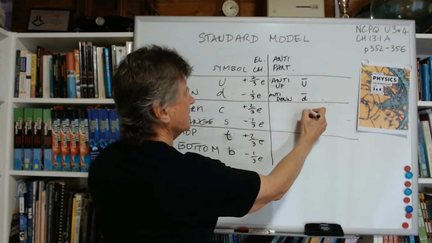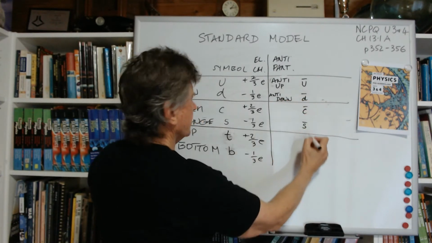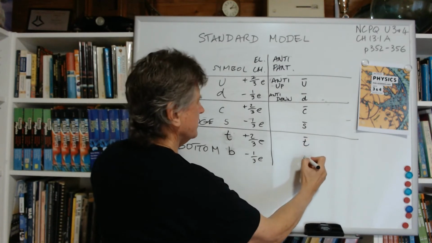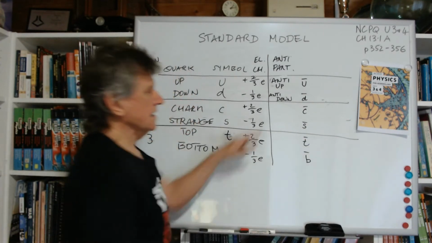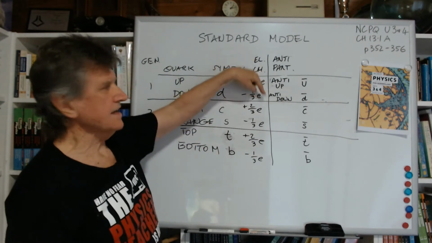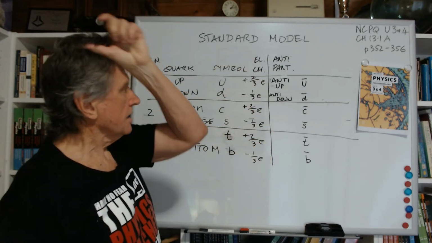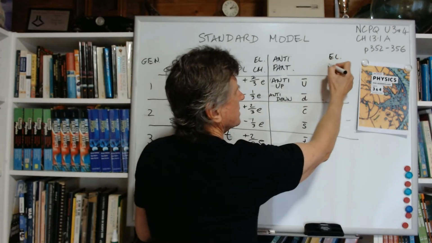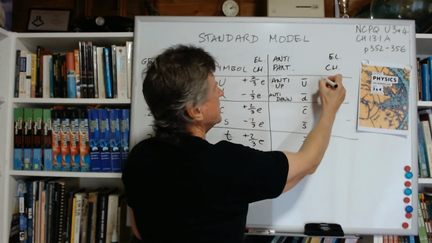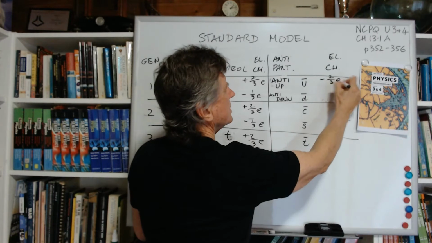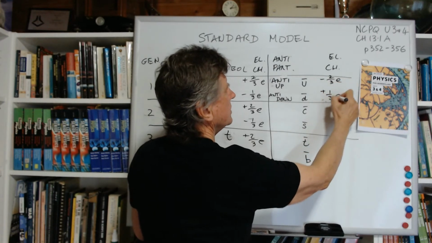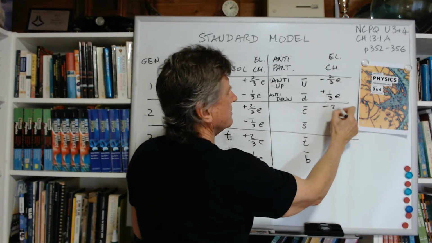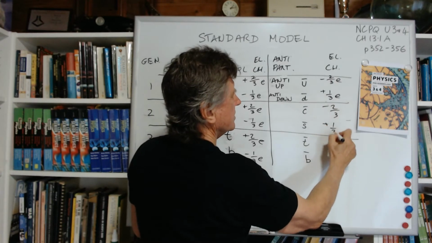And of course we've got anti-charm, anti-strange, anti-top, anti-bottom. Now I won't write the words in, but you'd have anti in front of each one of those. Now the other thing is the charge. Look, the electric charge will be -2/3 and plus 1/3 and so on.